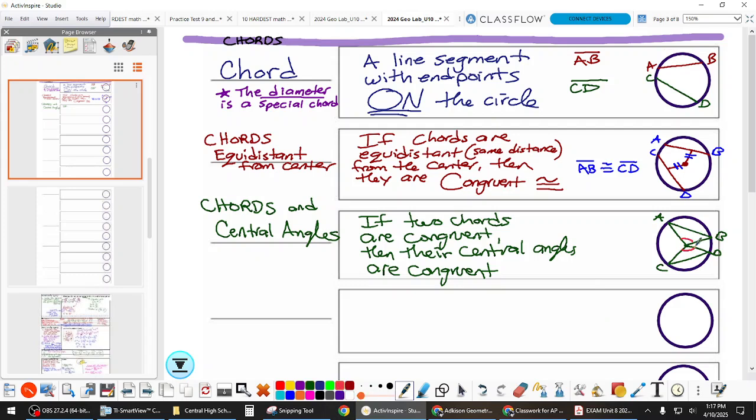On this picture, make sure you note that the angles are congruent, and the chords are too.